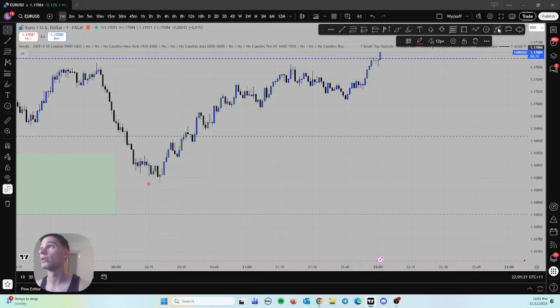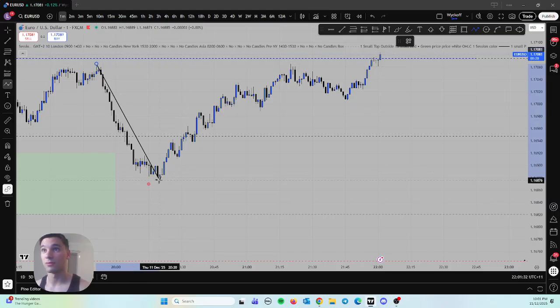It's just the one. So drawing structure from this high to this low, I would genuinely just draw like this. That's our structure, and then we have high, low, high, low, very beautiful looking structure here.